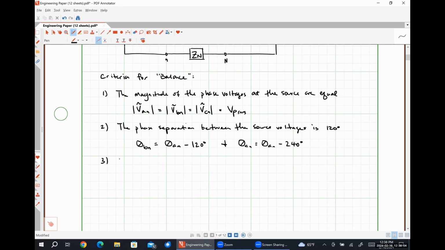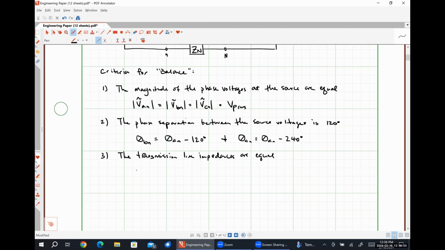So we need our transmission line impedances to be equal. So specifically, that means that the quantity ZWA must be equal to ZWB, must be equal to ZWC, and we'll call this just some impedance representative of our transmission lines.